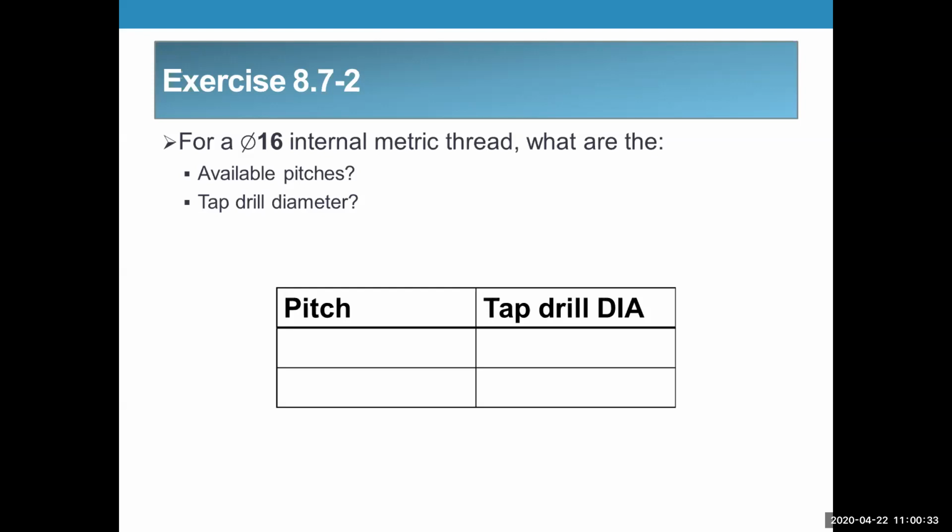So let's go through this, and then I'll take a look at it, and I'll update you guys on whether or not that's the case. Okay. So for a diameter 16 internal metric thread, what are the available pitches, and what's the tap drill diameter?